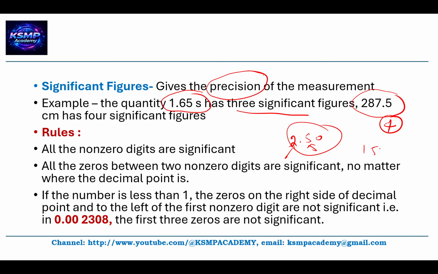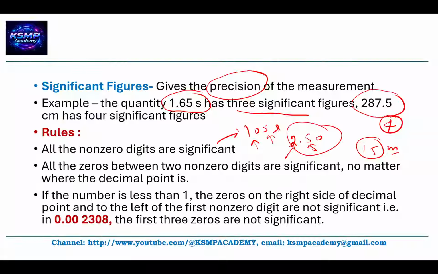If we have a measurement of 15 meters, here the non-zero digits are 1 and 5, these are significant. If we have 1.05 second, here we have 1 and 5, these are significant. Of course, we are not discussing the total number of significant figures, we are just discussing the first rule, that non-zero digits are significant.